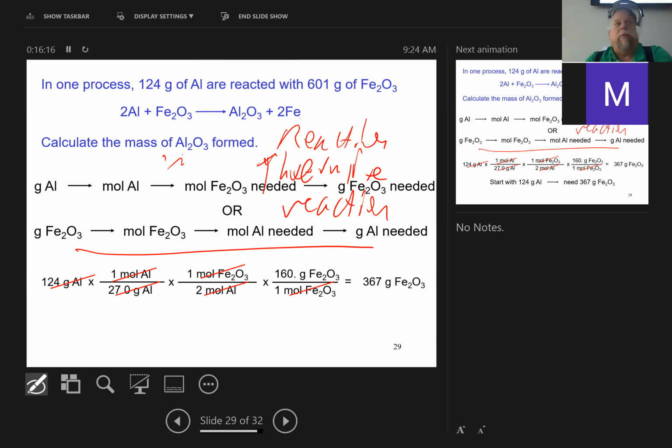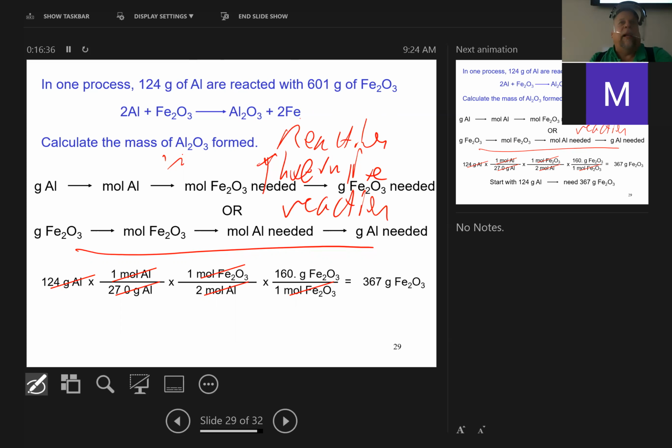So what is the limiting reactant? The aluminum. It would have to require the whole amount or more of it, okay? So this way is the way to say that the aluminum is the one, but it doesn't really answer the question. I honestly get confused when I do it that way too.